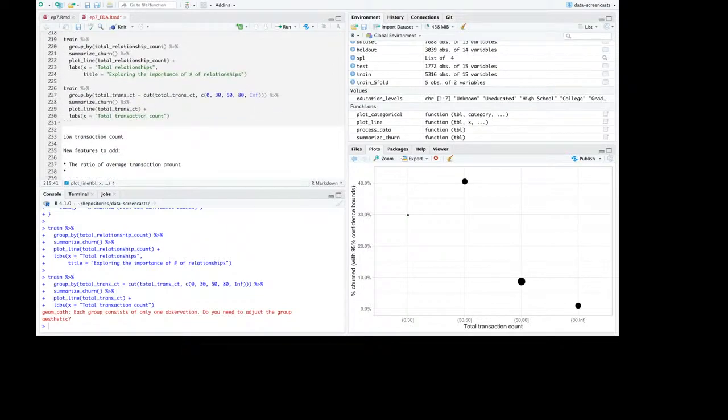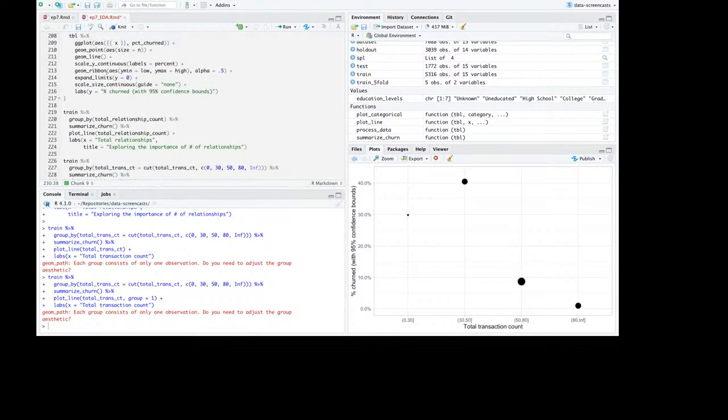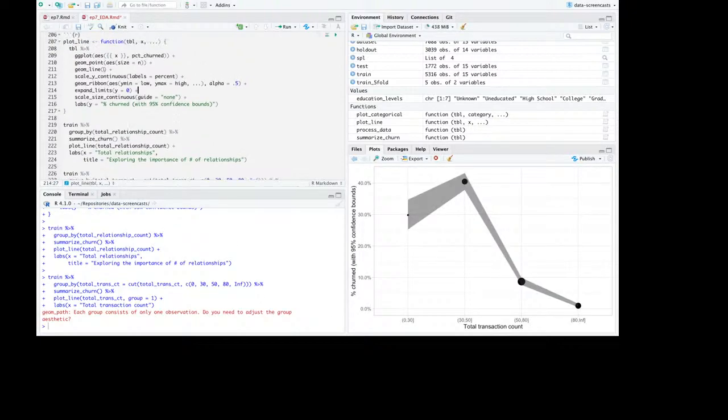And group equals 1. And I need that to happen on this one too.